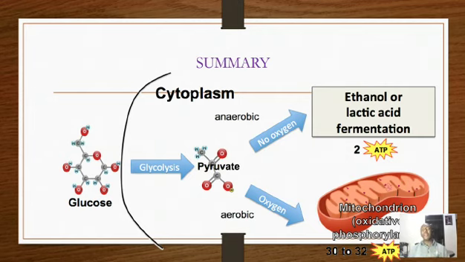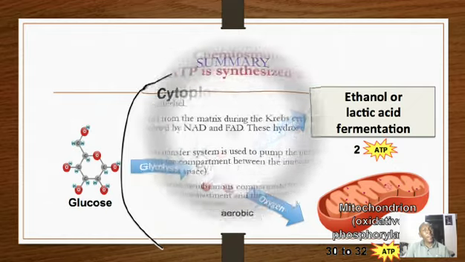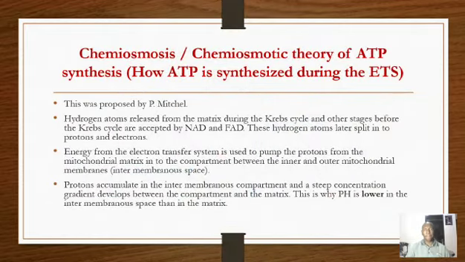Describe the process of oxidative phosphorylation. That one requires the ETS in detail. So that is about the process of respiration, whether aerobic or anaerobic respiration.